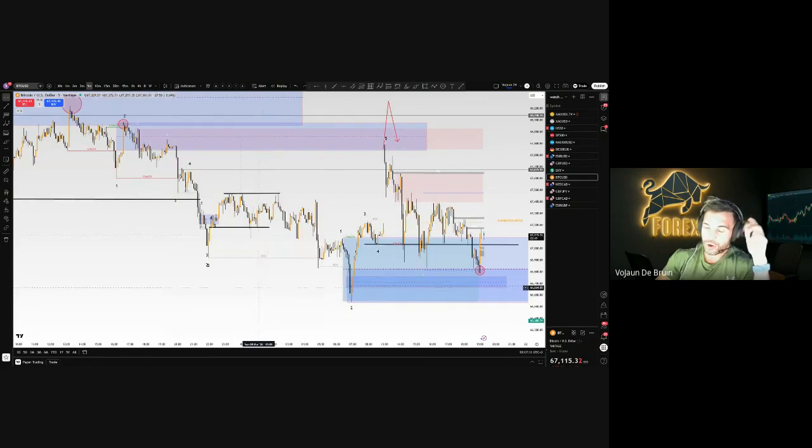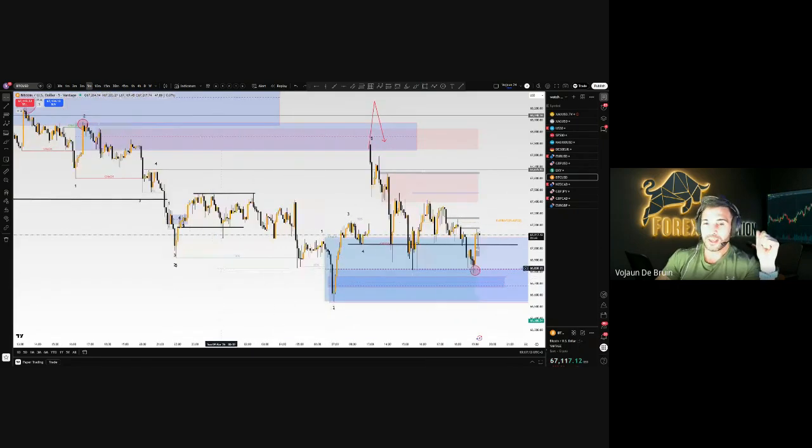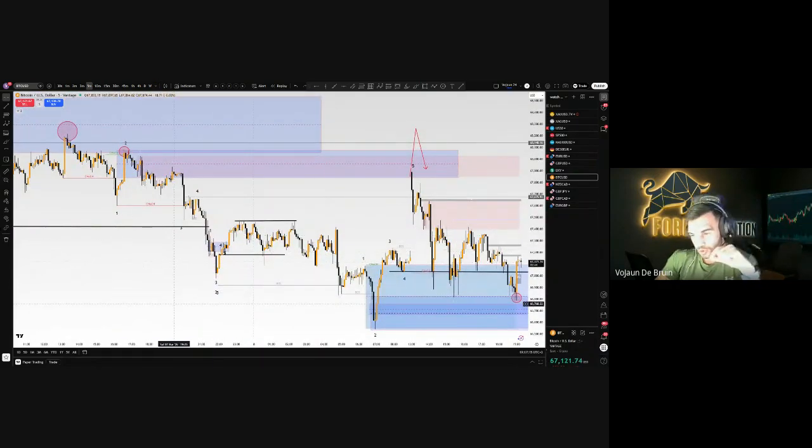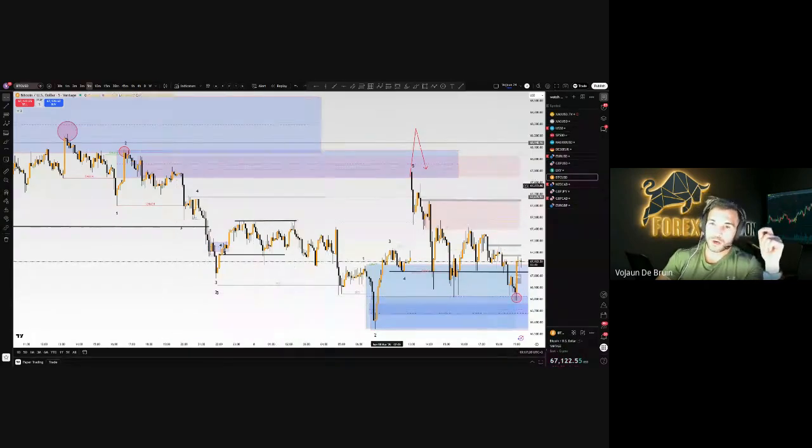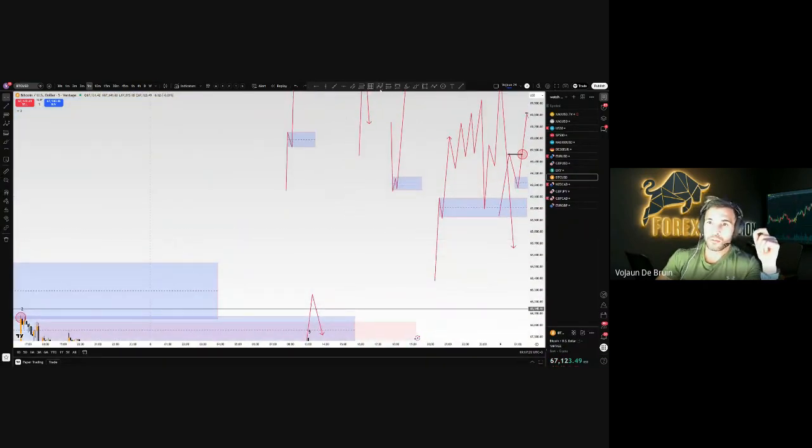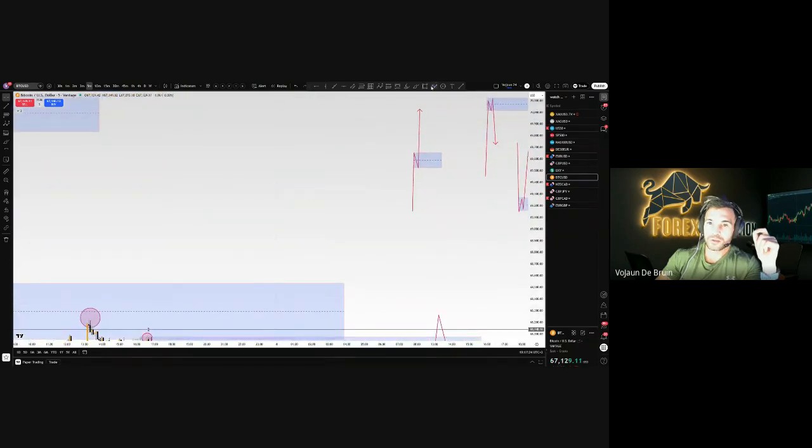A good confirmation that price is shifting is when lows are higher than the previous low and new highs are being created, meaning you are failing to create a new low and a new high is created.